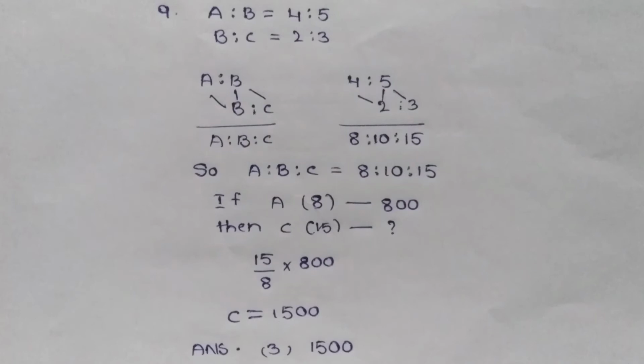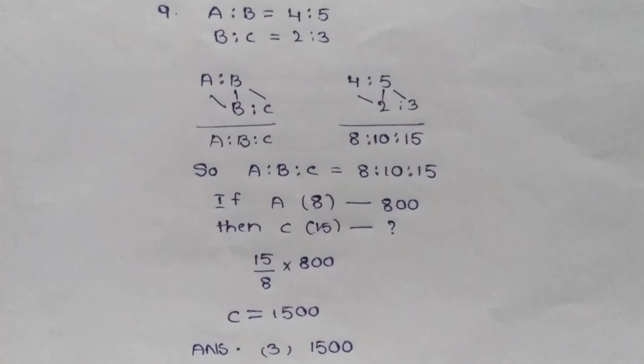So whenever you are asked to find the value of one particular thing, like here A value is given and you are asked to find the C value, the first thing before finding the value of C, you have to find out the ratio of A is to B is to C. So to find out A is to B is to C, you have to write A is to B, and in the first ratio below B you have to write the given second ratio, that is B is to C. So in the first ratio B and in the second ratio B, they should be exactly below each other.